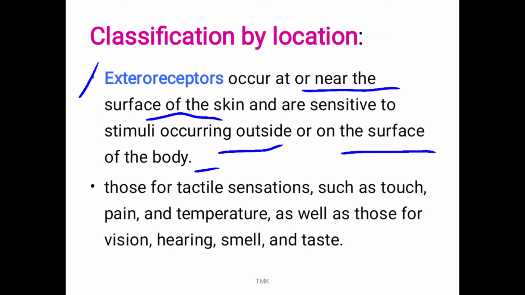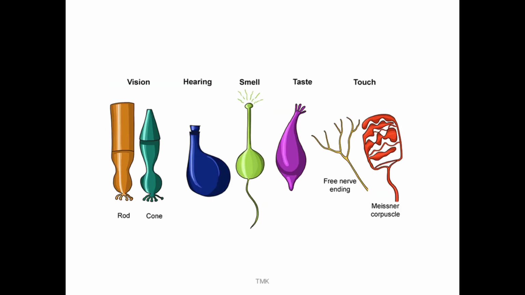Examples of environmental stimuli are tactile sensations such as touch, pain, temperature, as well as vision, hearing, smell, taste, etc. These are examples of exteroreceptors.